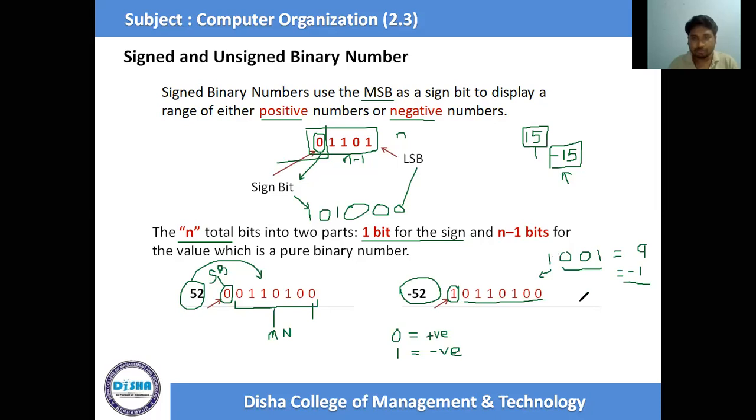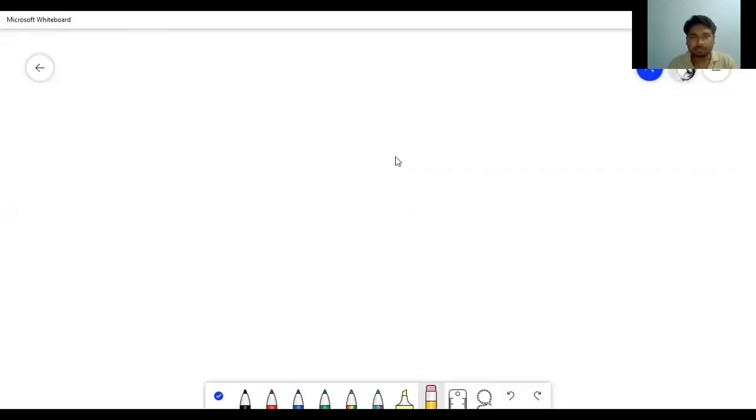To represent the negative number, we have to use the 2's complement form. So let's see what is the meaning of 2's complement form. Let's discuss the 2's complement representation.